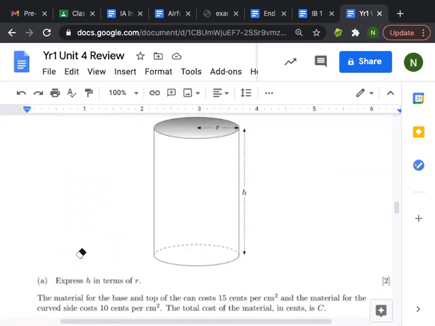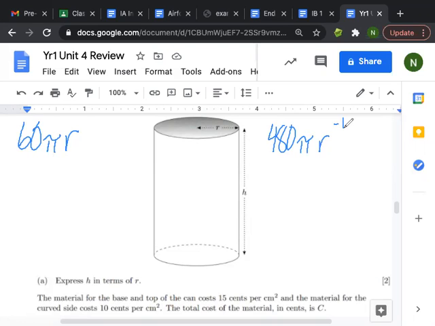Does anybody want to tell me what that derivative is? It's a little tricky this time. Okay, so we have 60 pi r. I can rewrite that second term as 480 pi times r to the negative 1.